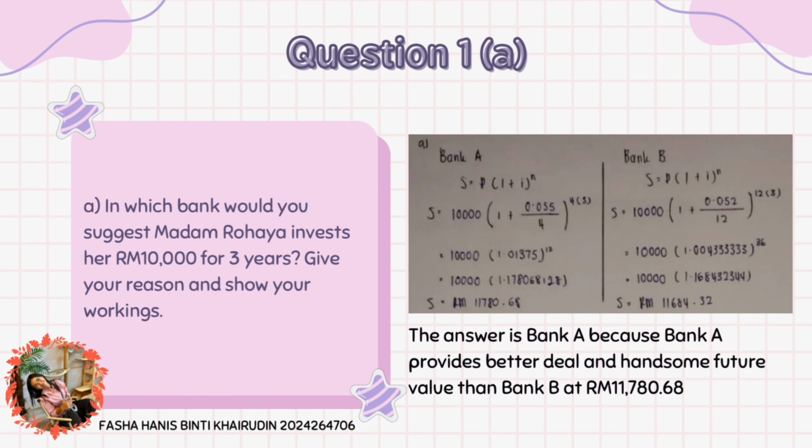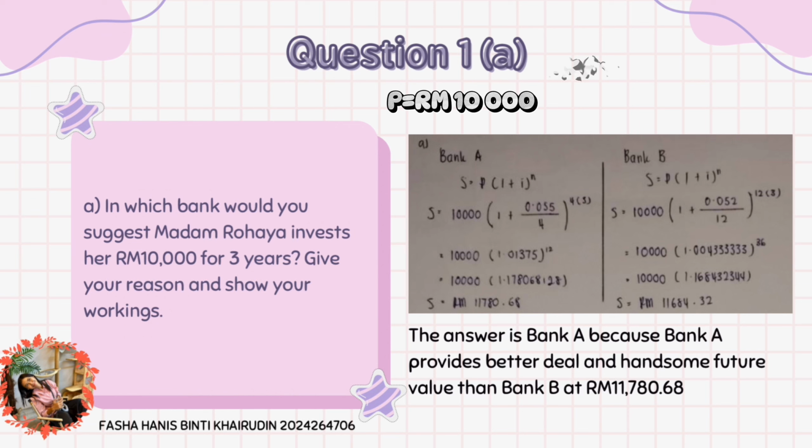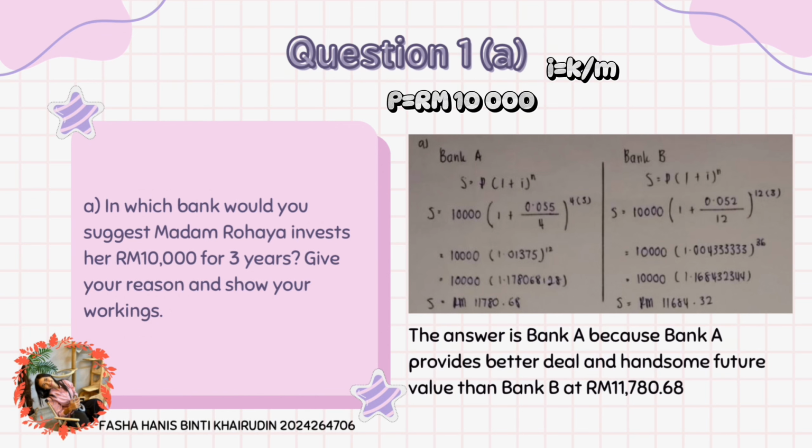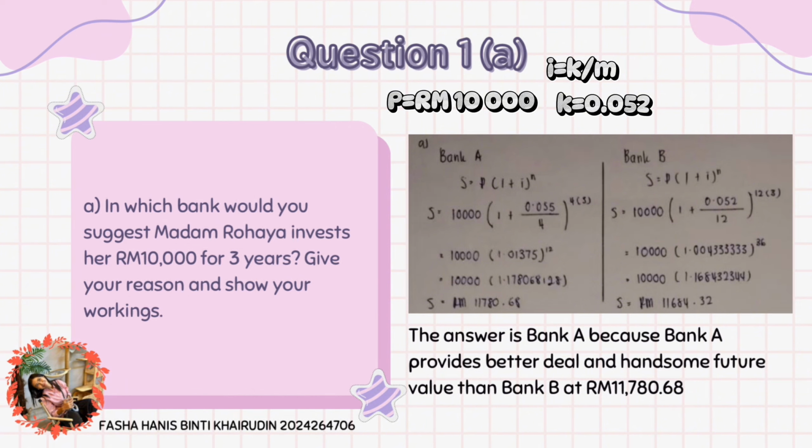For Bank B, we need to use the same formula to find the future value of S. So the formula should be S equals P bracket 1 plus i bracket to the power of n. Based on the question, the principal is still the same, which is 10,000 ringgit. And the i equals k divided by m, which should be 0.052 divided by 12.